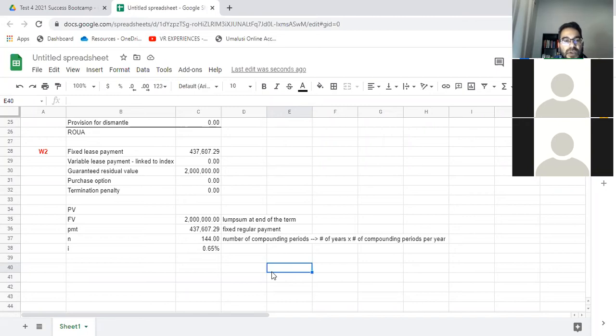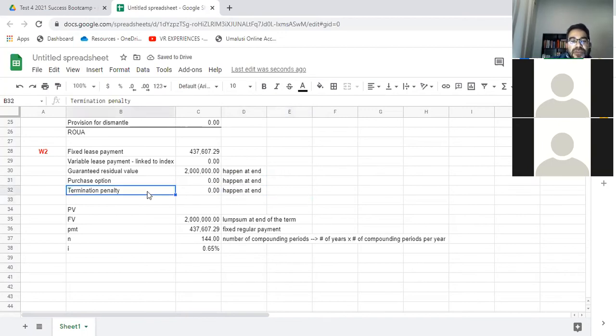Yeah, because a guaranteed residual value would happen at the end, and a termination would also happen at the end. Because remember, with a termination, because you're ending it, you're going to have to make a payment. So because the thing comes to an end, it would also happen at the end.